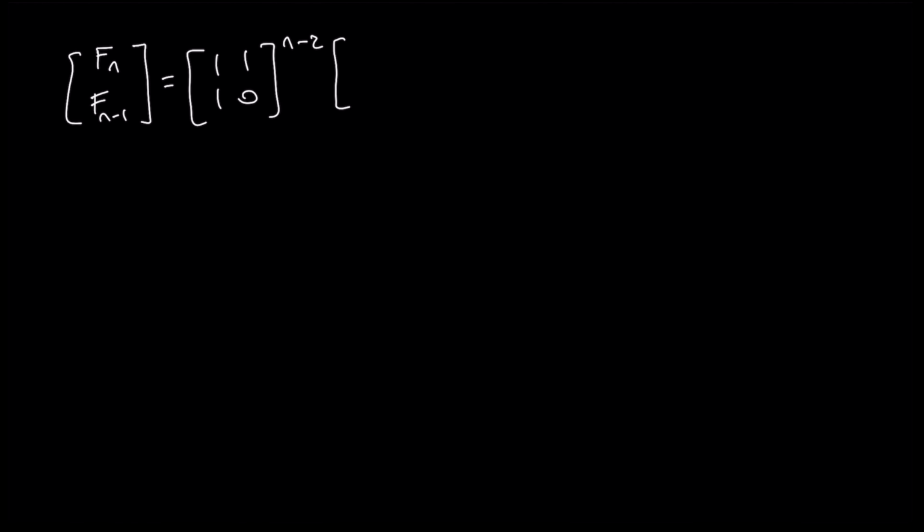So we have F_{n-1} is equal to 1, 1, 1, 0 to the n minus 2 times the column vector 1, 1.